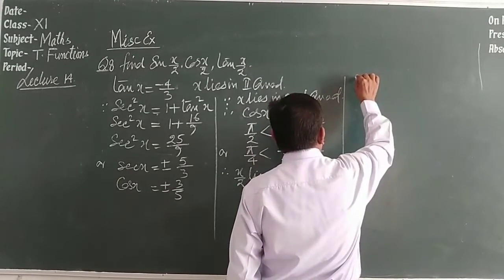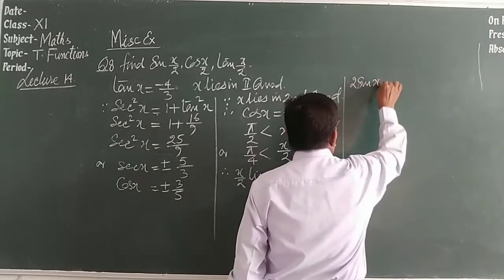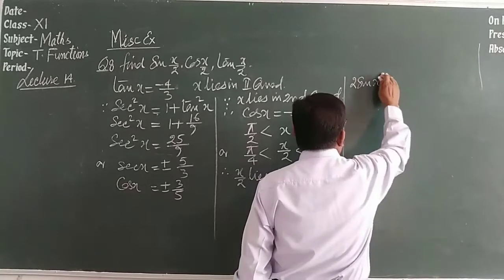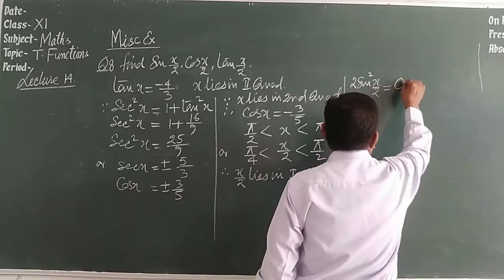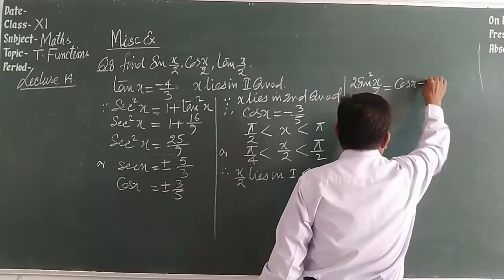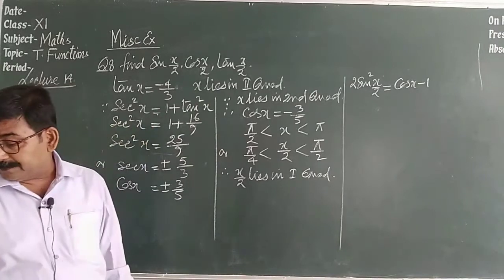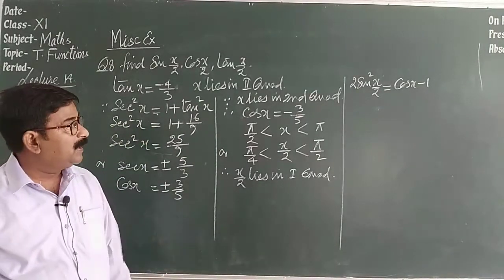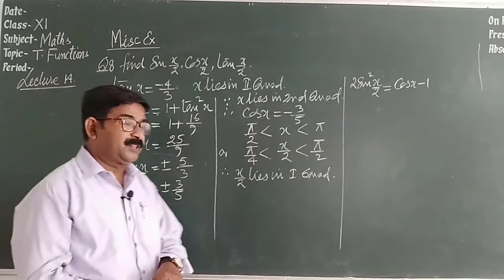One minus 2 sine square x by 2, sine square x by 2 is equal to cos x minus 1. Got it? Or direct formula you can apply, cos x by 2 is equal to under root 1 plus cos x upon 2.